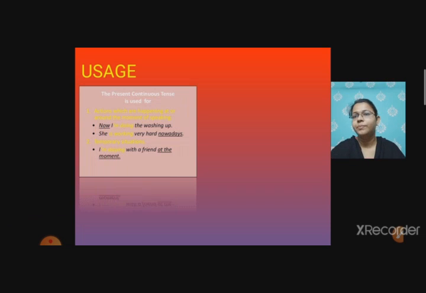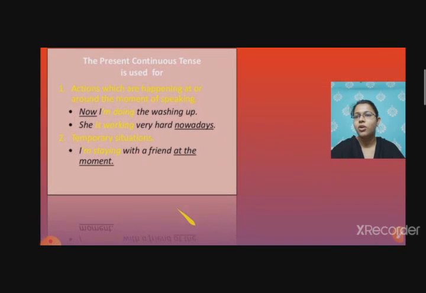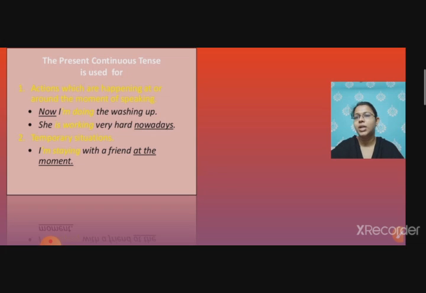So let's see the usage of present continuous tense. Present continuous tense indicates the action or the activity which is happening right now. The present continuous tense is used for the actions which are happening at or around the moment of speaking.